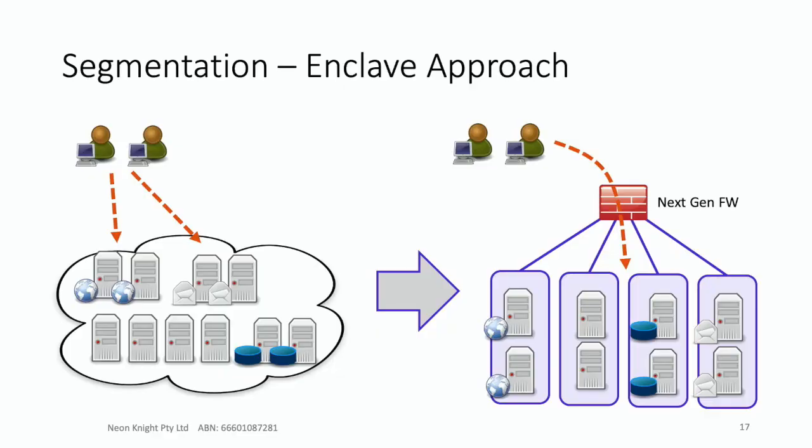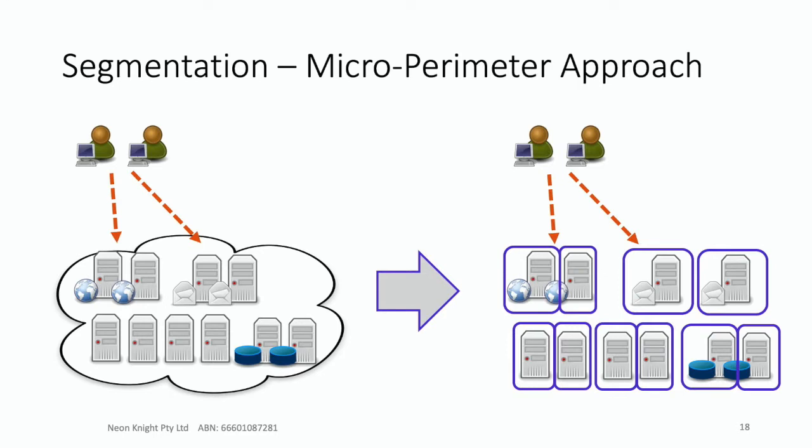Generally, there are a couple of common architectural approaches: enclaves or microperimeters. An enclave is usually a security zone with a single ingress and egress point through a next-generation firewall. It usually holds a group of devices with a similar security affinity. But as I mentioned previously, relocating to an enclave may mean readdressing, so there are some practical considerations there. Or you could go and place a microperimeter around each individual system.